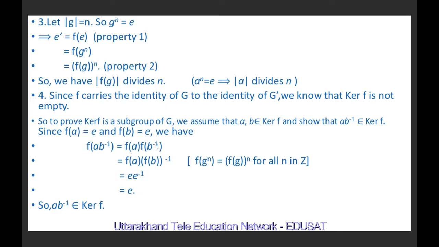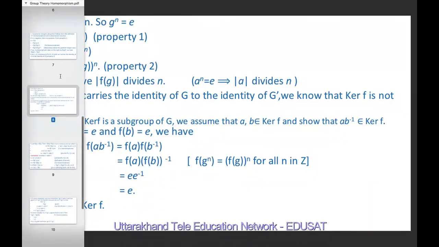So this is f(a) into f(b)^-1, because f(g^n) is equal to f(g)^n for all n in Z. f(a) is E, f(b) is also E. So E into E inverse, and this is equal to E. It means ab inverse belongs to the kernel of f, because f(ab^-1) is equal to the identity element. It means the kernel of f is a subgroup of G.